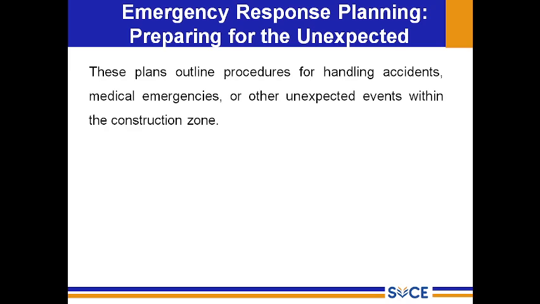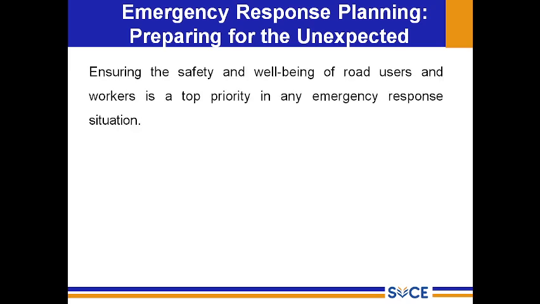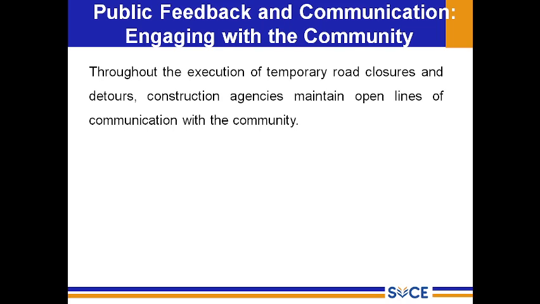The important contact numbers like hospitals, police, traffic police, or the firefighting contact number should be displayed in a visible manner, and this also can be publicized through various modes of channels. Ensuring the safety and well-being of road users and workers is a top priority in any emergency response. Their lives need to be saved. So accordingly, the plan should be prepared.